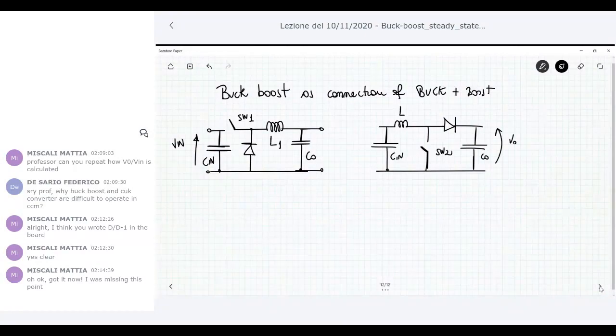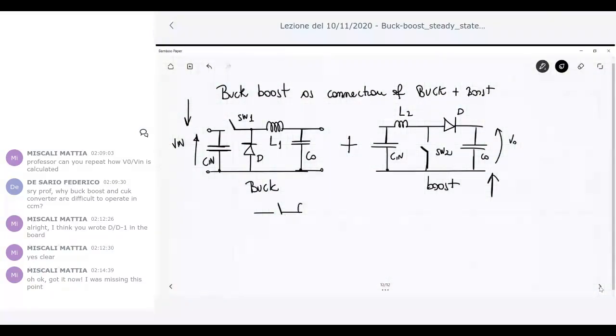C naught, V naught, switch 2, L2, diode, etc. So we have the buck and the boost. Take these two converter topologies and combine them in cascade, connecting the buck to the input side, to the input source, and the boost to the output load, in that way.